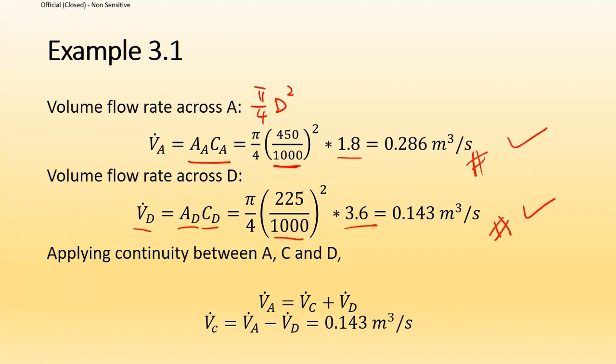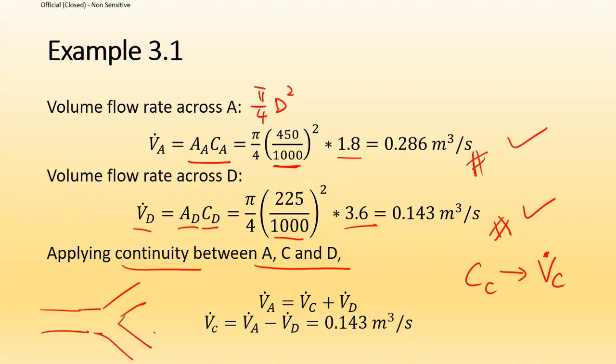Next, we need to find out the velocity at C. So how do we get vC? To get vC, we must first obtain V dot C. To get V dot C, we need to apply continuity between A, C, and D. If I draw back the diagram, it was supposed to be something like this, just a rough sketch.